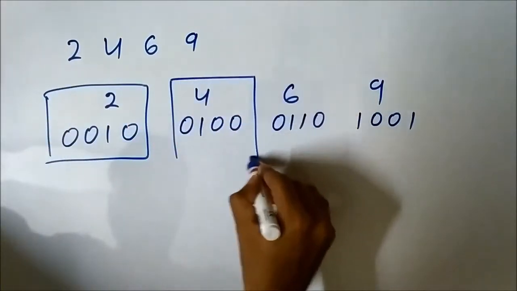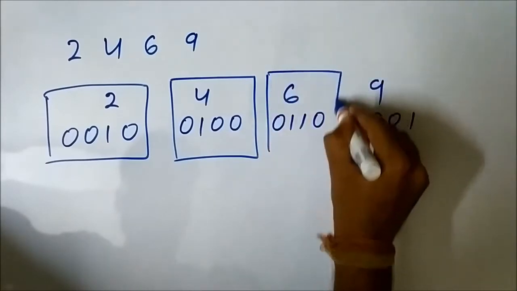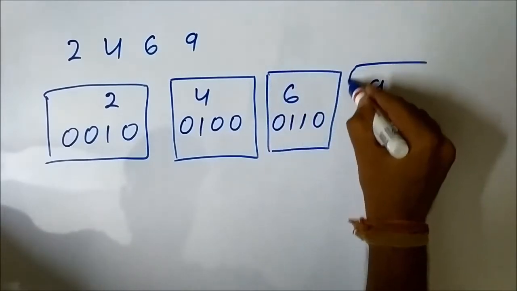Each of the decimal digits is represented using 4-bit binary codes.